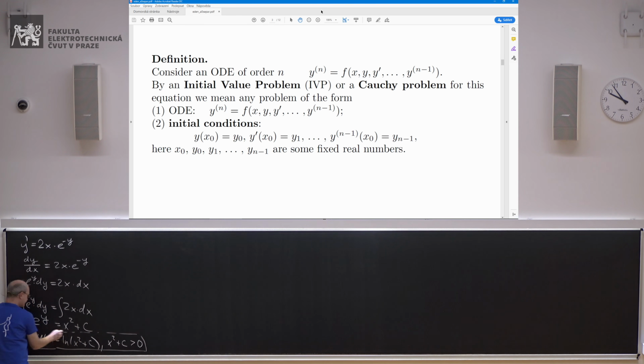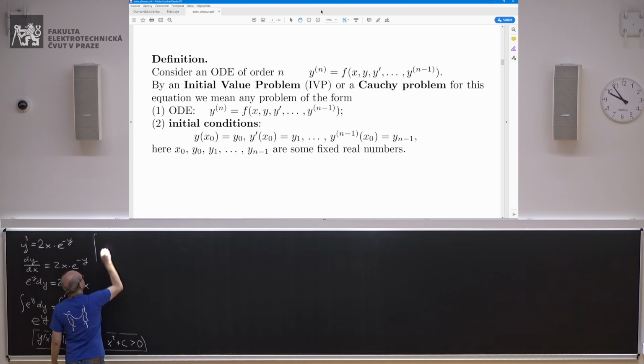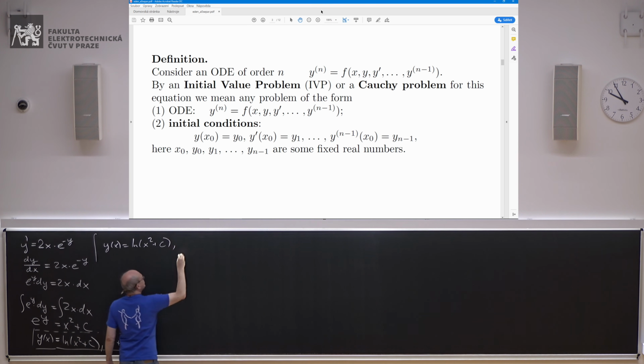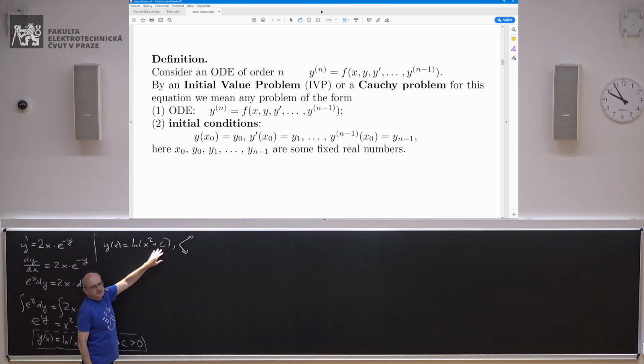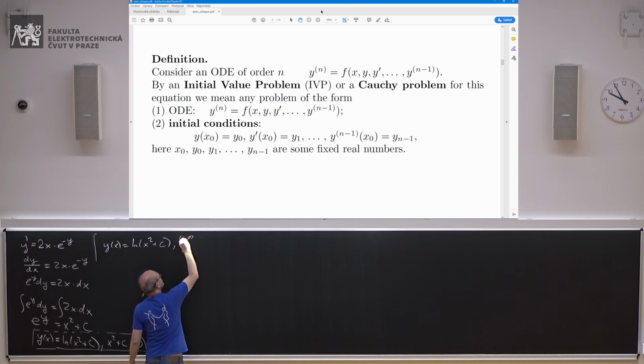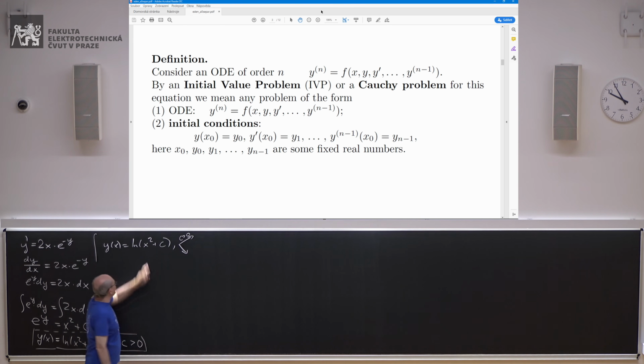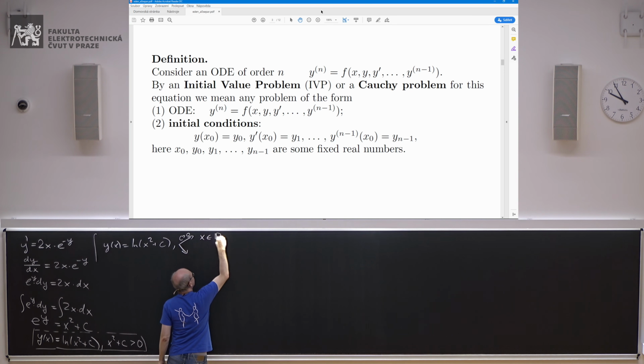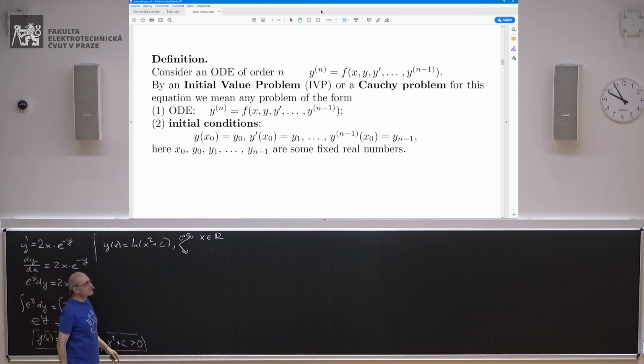Now, I talked about solutions on an interval. How about solutions on an interval? Well, there's actually two cases. If c is positive, then x squared plus a positive number is always positive. So here, the solution would be valid on the whole real line.